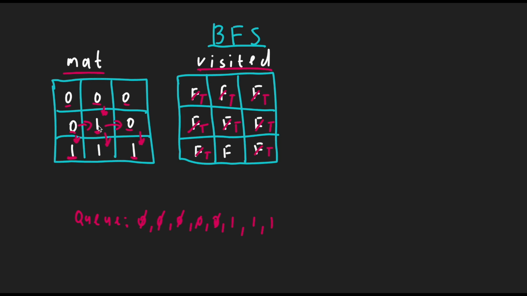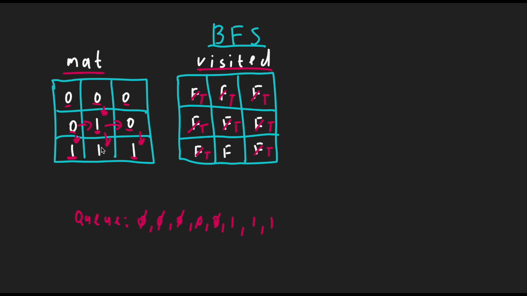So again, the value of the distance of coming to this cell, the nearest cell with the value of 0, is this. We marked it as 1 because we came here from this cell, the one that is above, and that's the nearest cell. So we marked it as a 1.